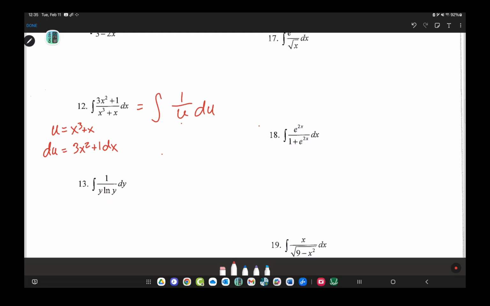All right. Now, what's the integral of 1 over u? Oh, natural log of u. Don't forget it has to be absolute value, plus c. And then we put u back in.